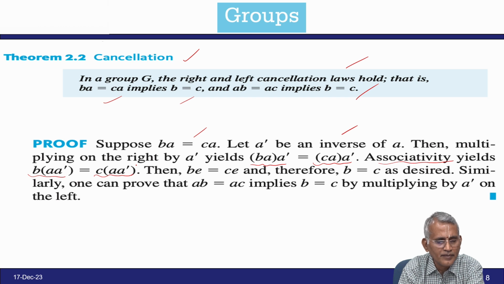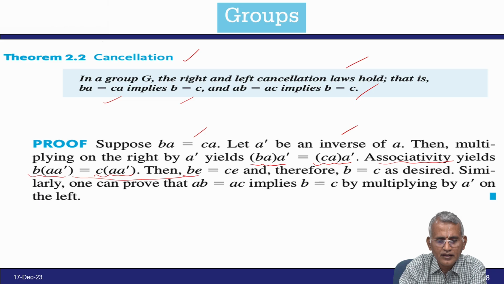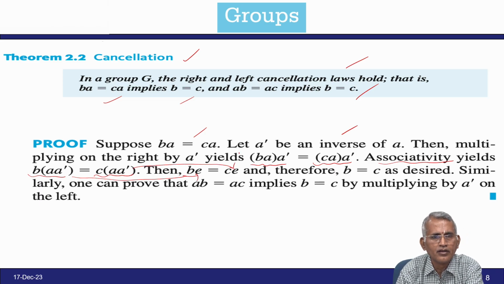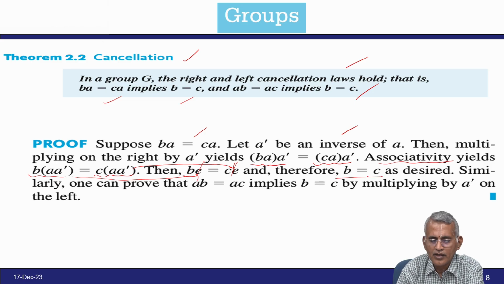Now AA dash is E, and this is also E, therefore B equal to CE, and then we cancel E. So B equal to C, because E is in G and therefore has an inverse, we can easily cancel it.